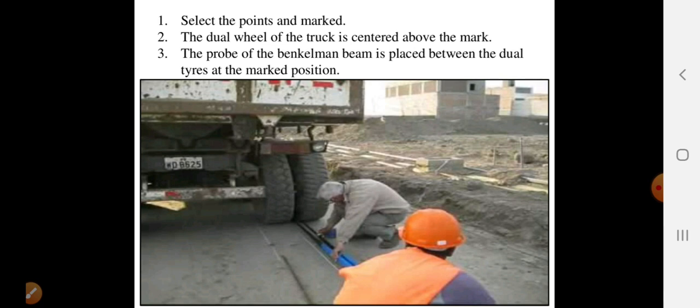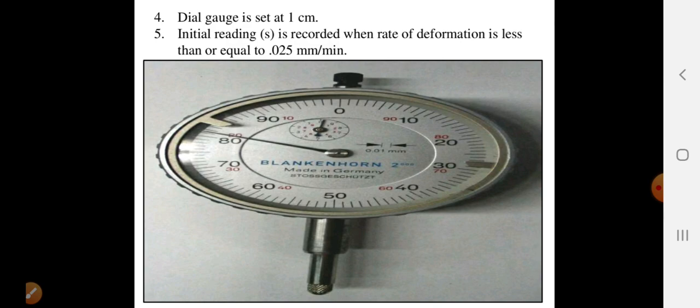You are going to take 3 readings. The dual wheel of the truck is centered above the mark. Then the probe of the Benkelman beam is placed between the dual wheel tires at the marked position. Clear? After that the dial gauge is set, and the initial reading is recorded when the rate of deformation is less than or equal to 0.025 mm per minute.